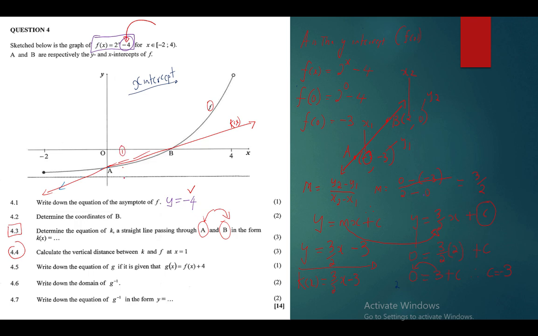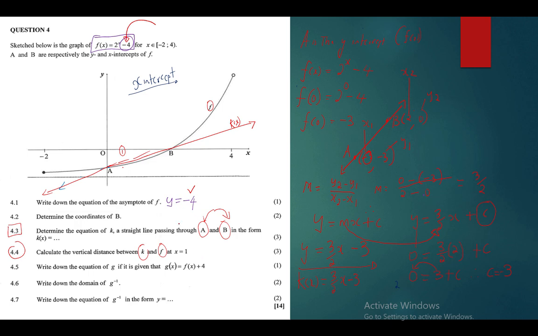So what I want us to do is go to the function K and find the value of y when x is 1. Remember, the focus is the vertical distance between K and F whereby x equals to 1.